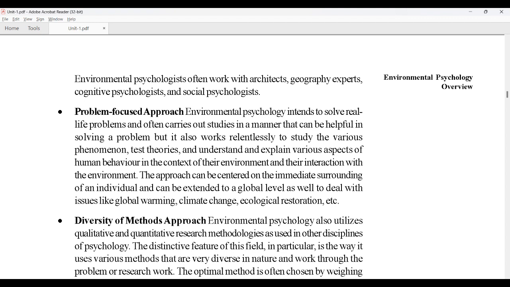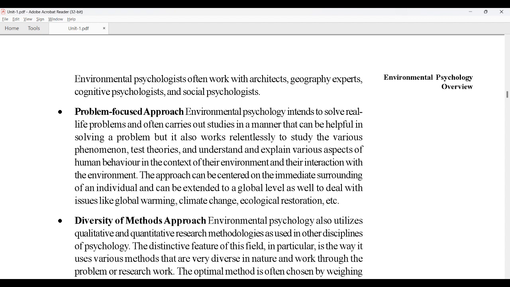Problem-focused approach. Environmental psychology intends to solve real-life problems and often carries out studies in a manner that can be helpful in solving a problem, but it also works relentlessly to study the various phenomena, test theories, and understand and explain various aspects of human behavior in the context of their environment and their interaction with the environment.